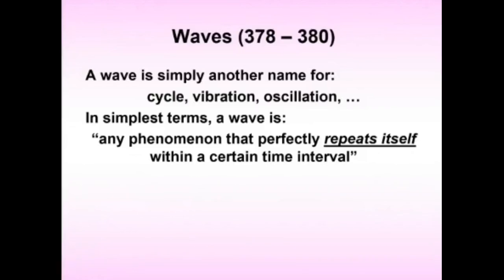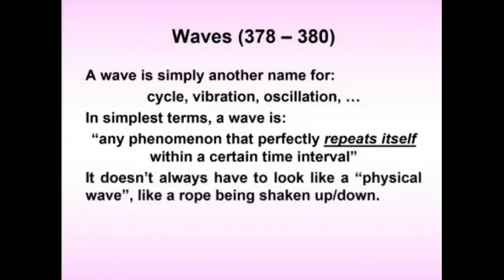Maybe you've done grade 11 math, MCR 3U. What kind of functions did you do? Quadratic, exponential, and then what do you call the functions that go like a wave? Cosine and sine, yes. Sinusoidal functions. So it perfectly repeats itself within a certain time interval.